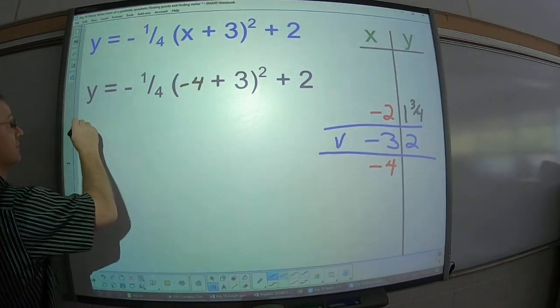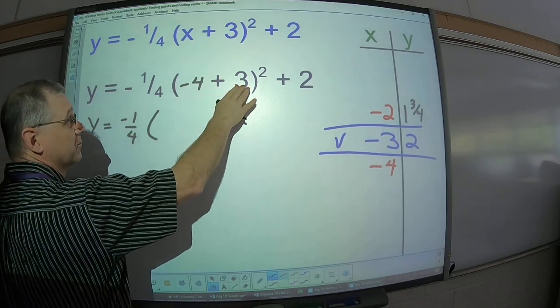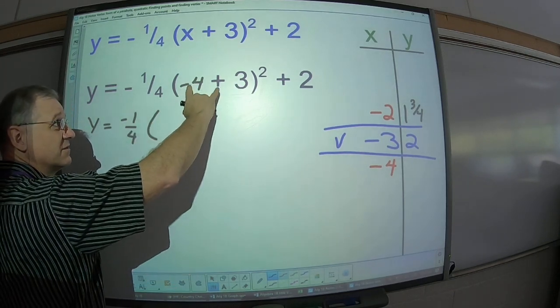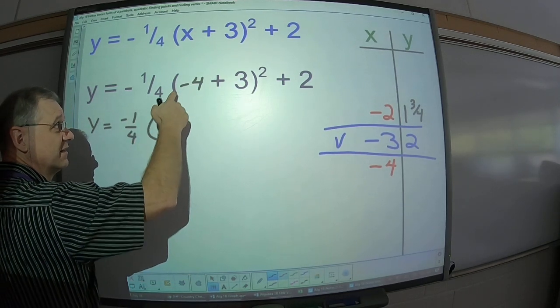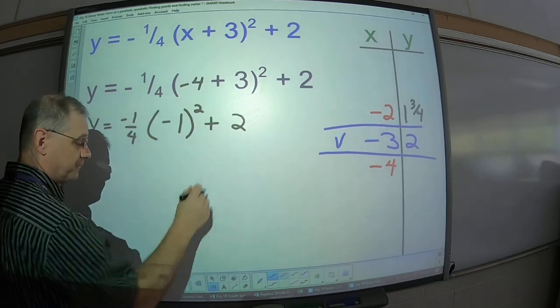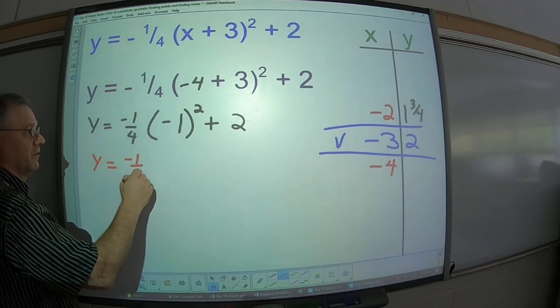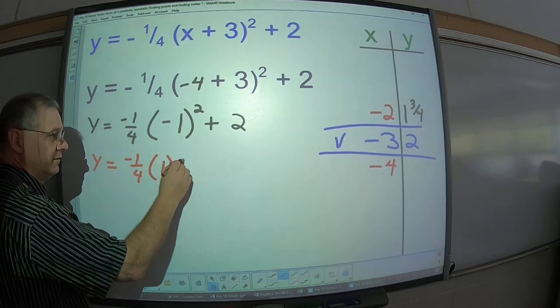-4. -4 plus 3. Signs are different, so keep the sign of the larger and subtract: -1. -1/4. -1 squared is 1.